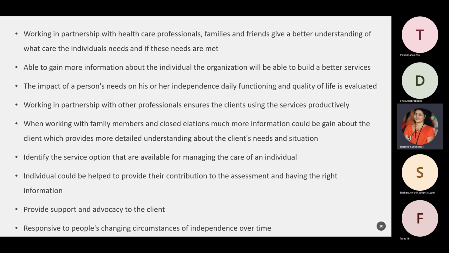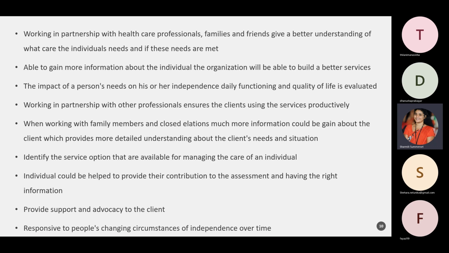If you have a good collaboration with the individual, then the individual tells a set of information to you. And one step above, if you develop a good relationship with the individual's family, then they will share a set of information which is not provided by the individual. So in that manner, you can gather more information from a particular individual's background.